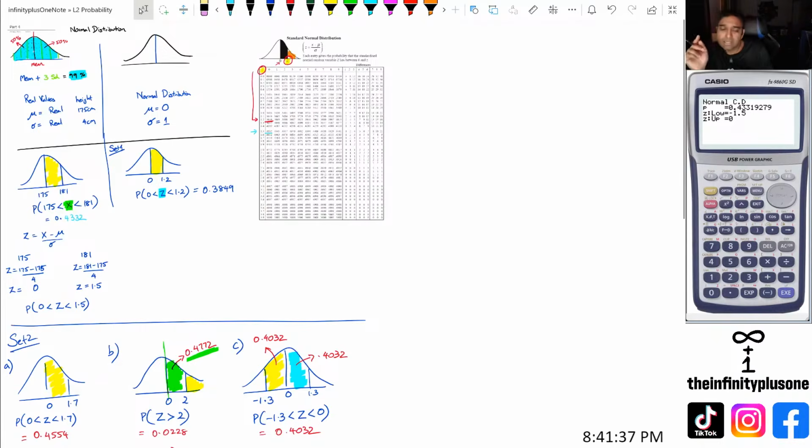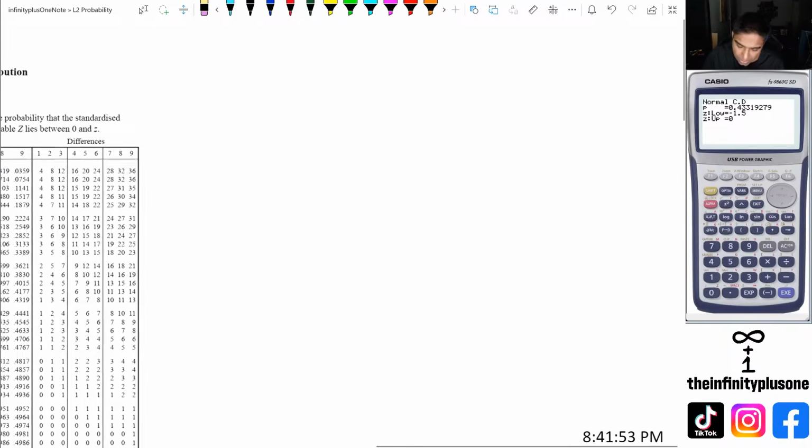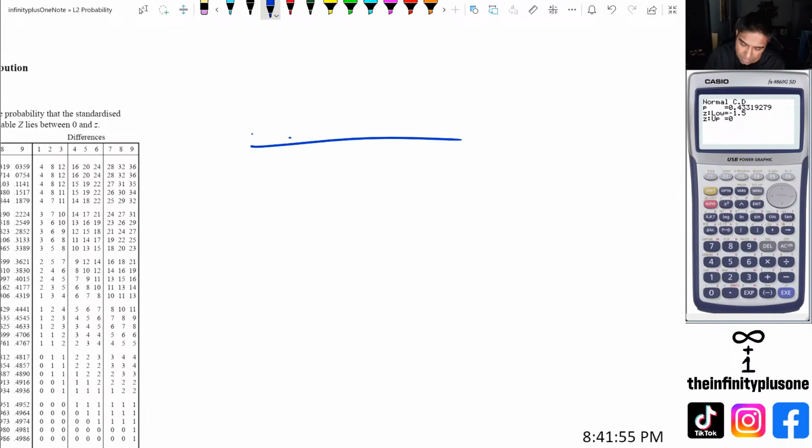All right, the next thing is this. The majority of the time, your Z value is not going to be pretty. What do I mean by pretty? You're not going to get exactly 1.1, 1.2, or 1.3. Sometimes you'll get something like 1.648.